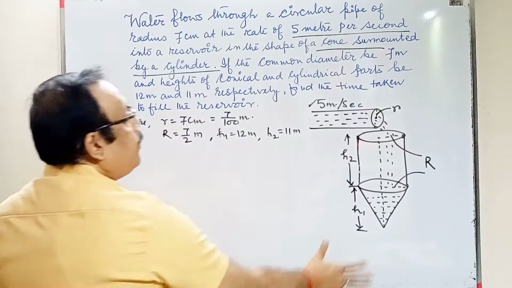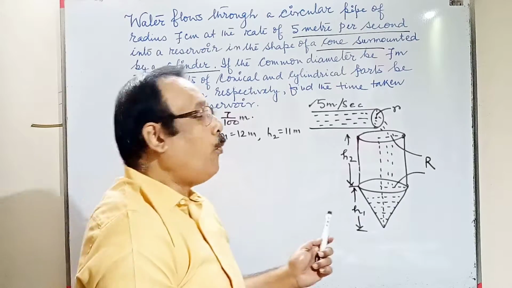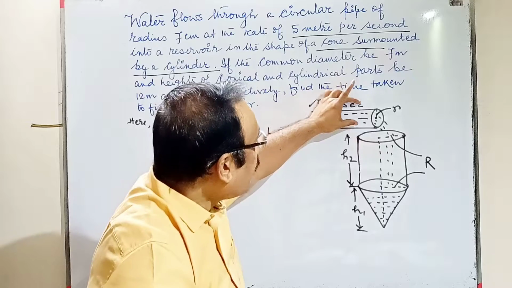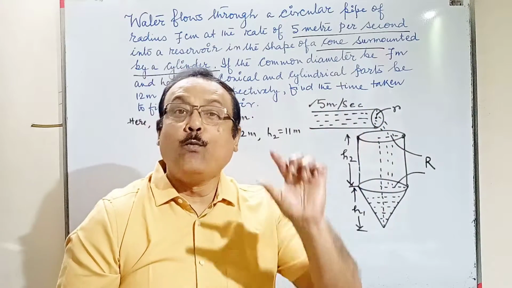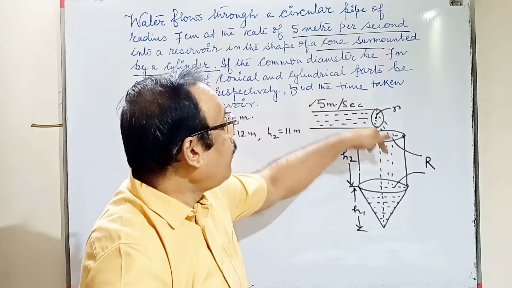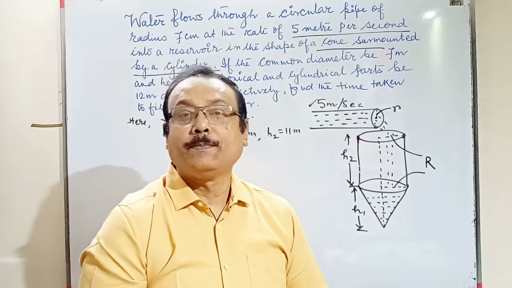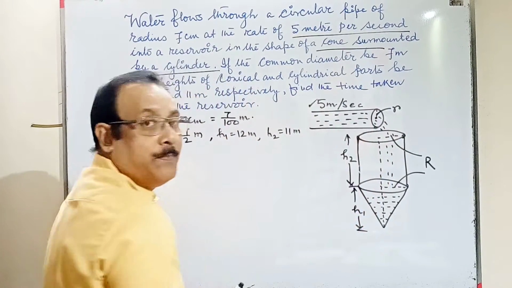Now, how to find out the time taken to fill this system? So, what we'll find out, we'll first find out how much quantity of water is going into this reservoir per second. In 1 second, how much quantity of water is coming from this pipe into this particular reservoir. Now see, this pipe is cylindrical in shape.